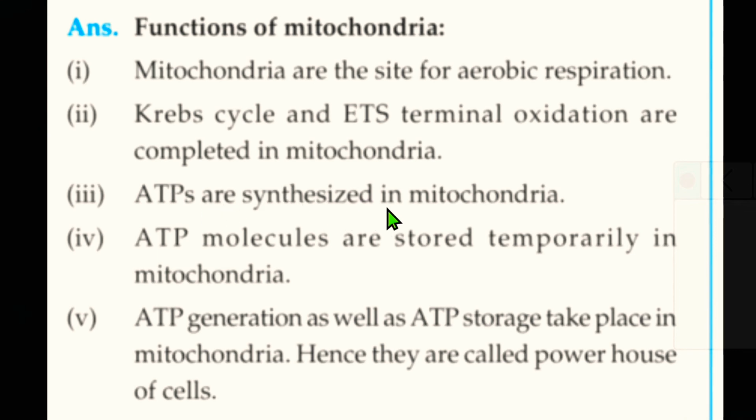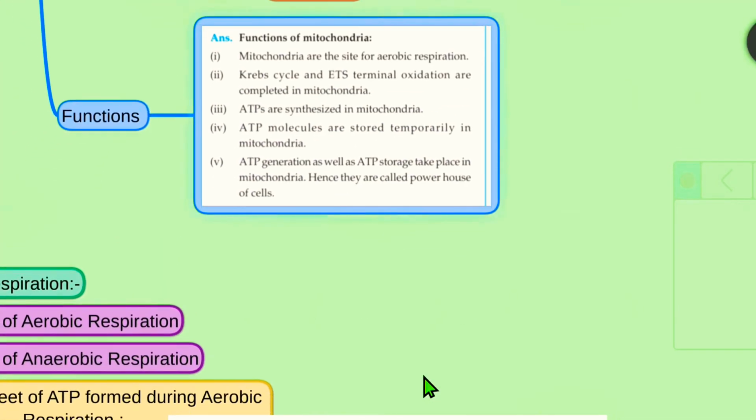ATPs are synthesized in the mitochondria, and ATP molecules are stored temporarily in the mitochondria. ATP generation as well as ATP storage takes place in the mitochondria. Hence they are called the powerhouse of the cell. These are the functions of the mitochondria.